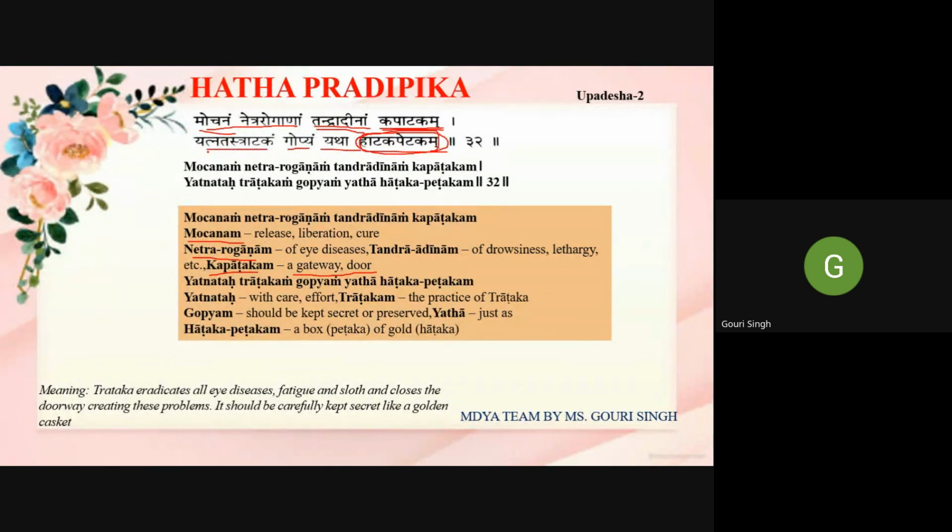Then Yatnata Stratakam means this Tratak practice is very much Gopian. Gopian means it should be kept secret and done very properly. Hatha Kapetakam means it should be kept very secret, like how we keep our gold in a particular box, with care, in a secret place.